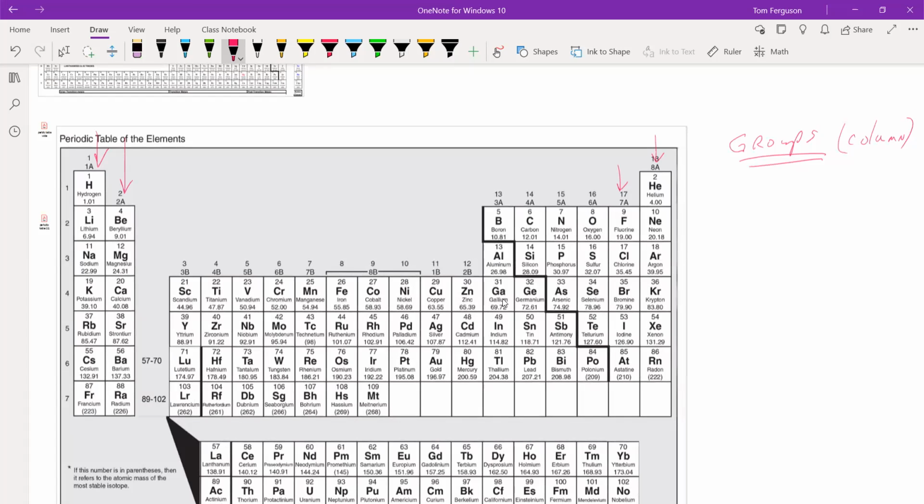Okay, so the groups represent the columns on the periodic table. Groups have similar chemical properties. So again, lithium, sodium, potassium, etc., all the same thing.